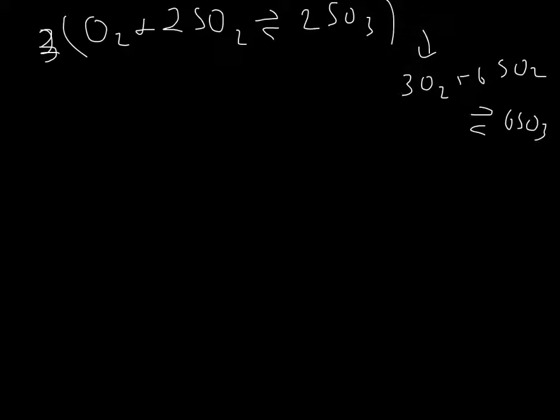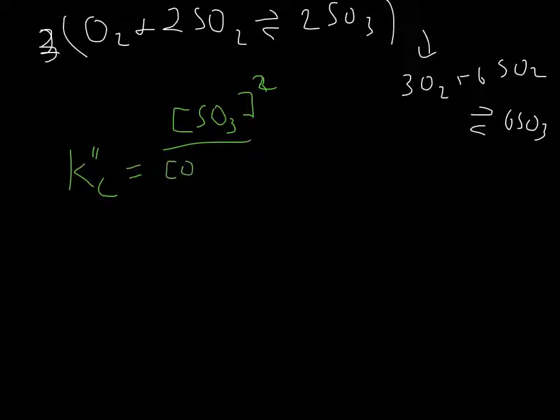Now if we find Kc, that's K double prime, just so we can differentiate it more, products over reactants: SO3 to the power 6 over O2 to the power 3 times SO2 to the power 6. That one should be 6 also. That was a bad mistake.